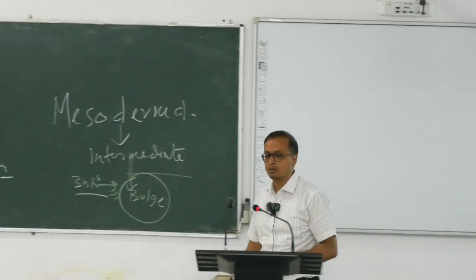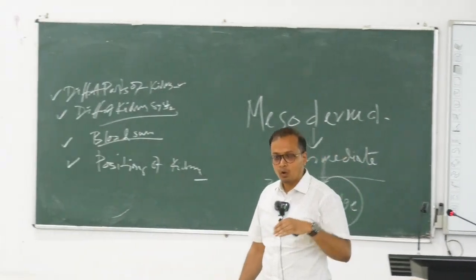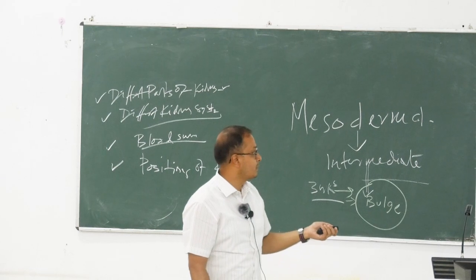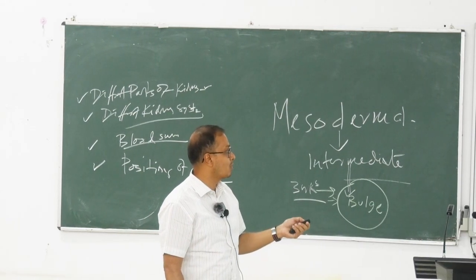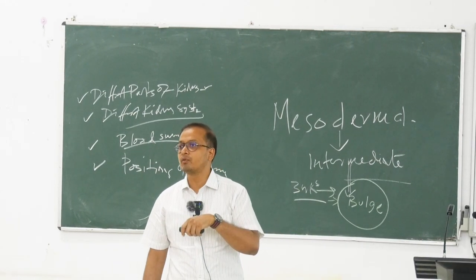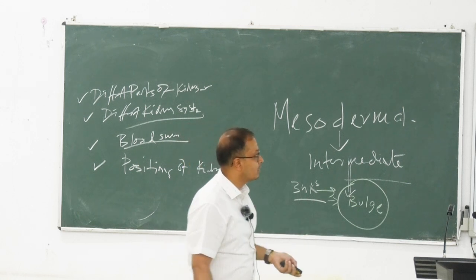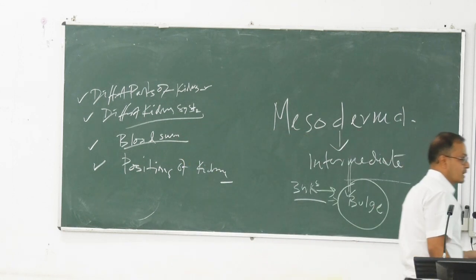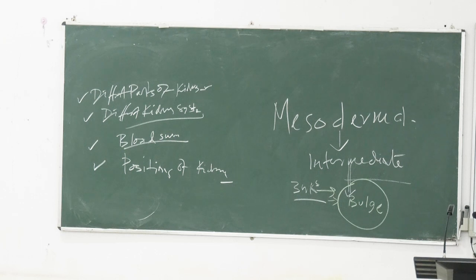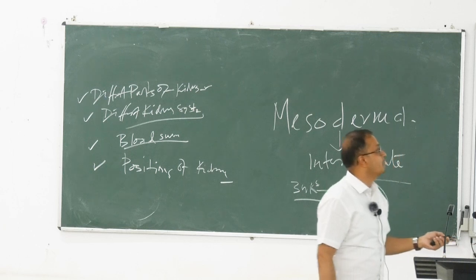So we stop at this particular point and elaborate about this element, which we call the nephrogenic cord. Now we have to see what the nephrogenic cord is. Throughout the length of this developing embryo, we see a bulge coming out.